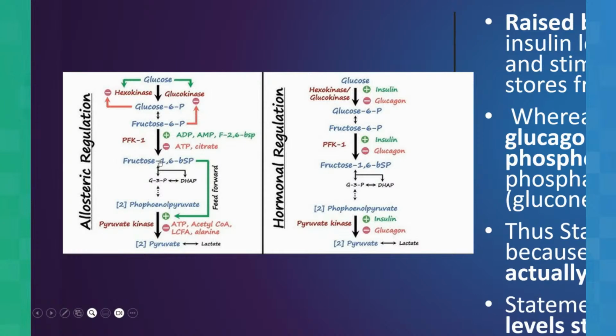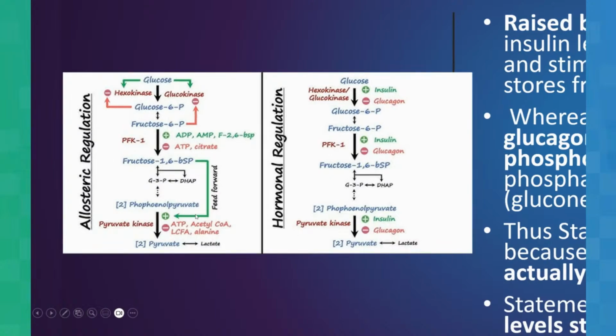You can see it here. If this is more in concentration, it will give a push to the pyruvate kinase. In another question, we saw that this is an activator of pyruvate kinase, which means it will tell the reaction to move forward, so that the flux of glycolysis keeps on moving forward. So this is actually activating it and not inhibiting it.